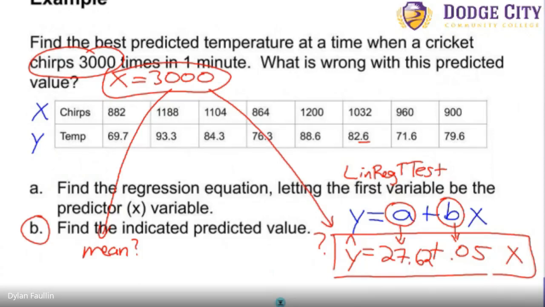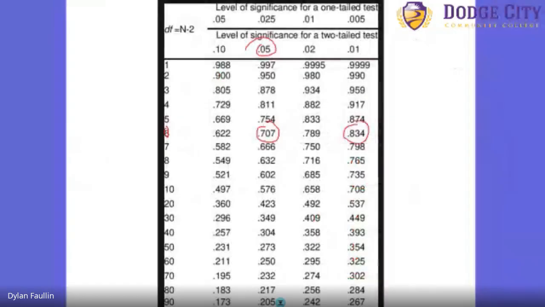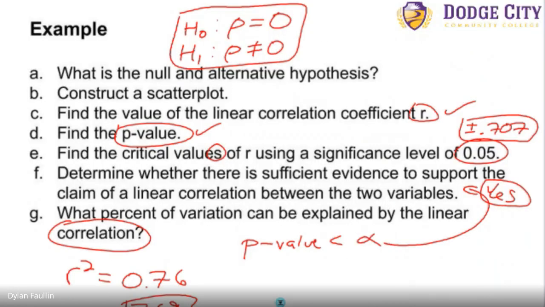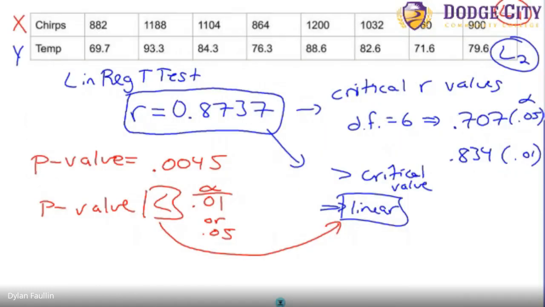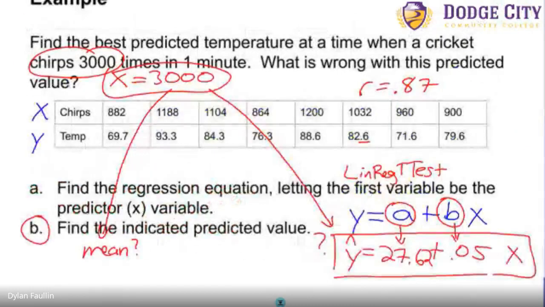And to make that decision, we should look at whether there appears to be a linear relationship here or not. And that goes back to what we already did in 10.1, right? So for this data set, we already found r was 0.87, I don't remember what it was over here. Okay, it's right here. So the value of r is 0.8737, right? And I like to look at the value of r. It's close to 1, which means it seems like it's going to be linear.